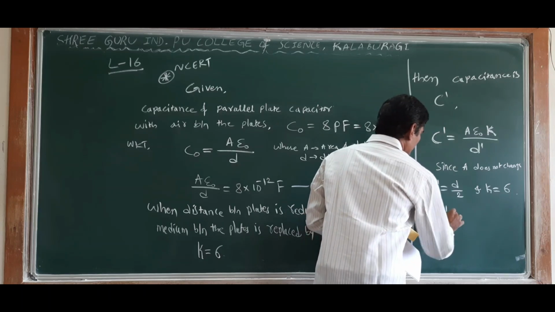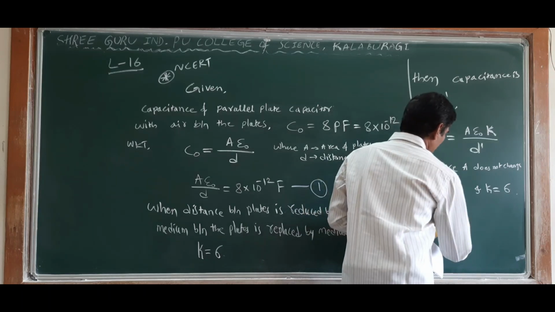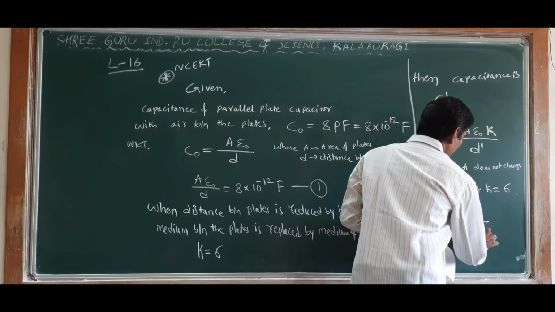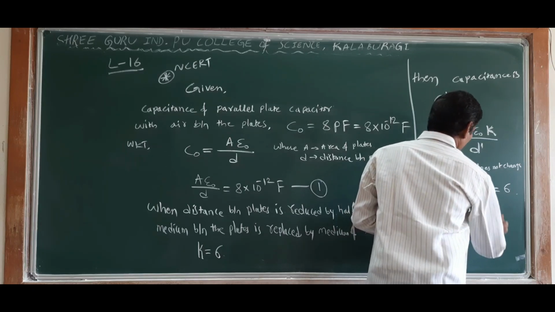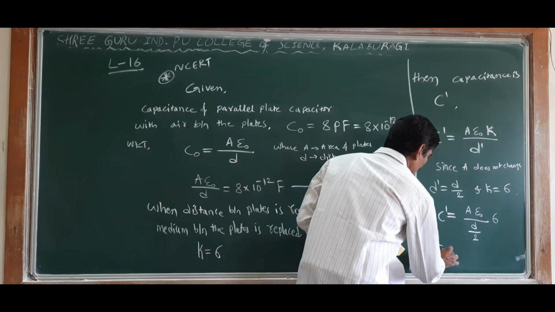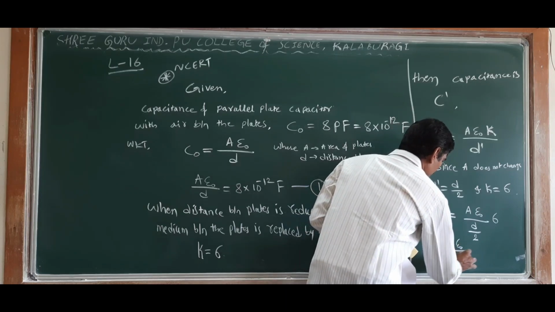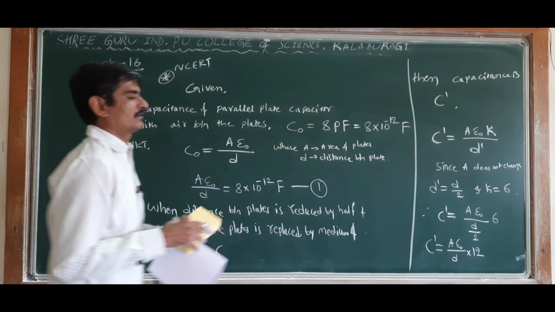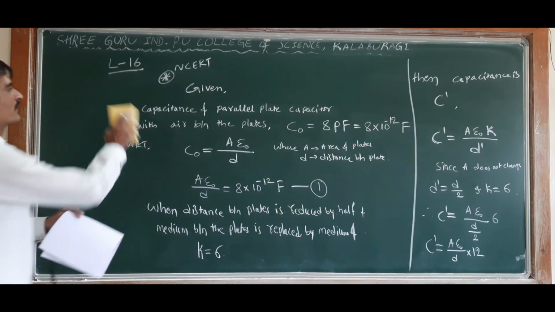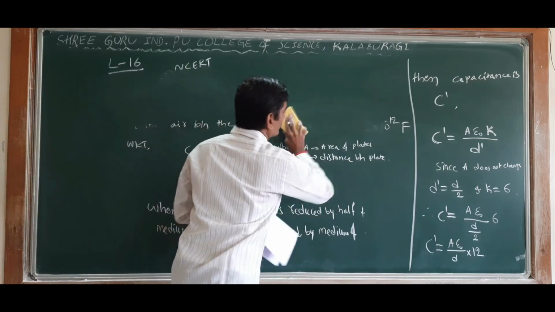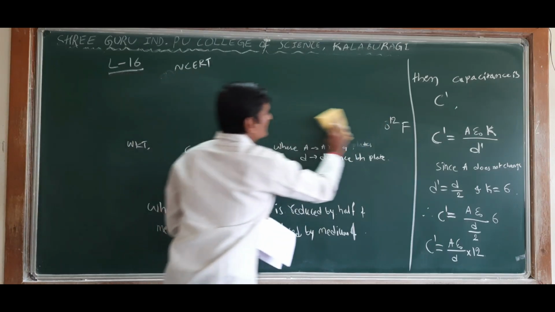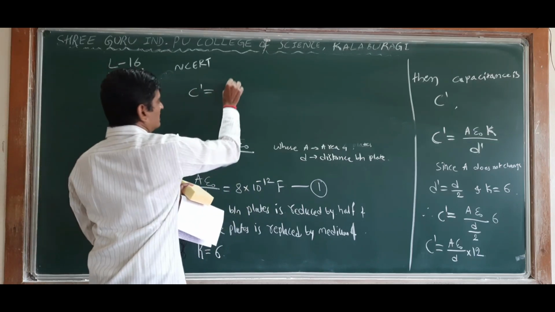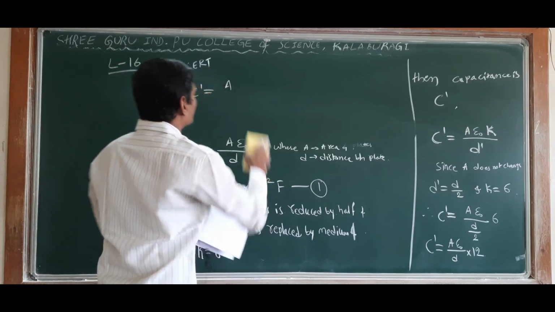So therefore C dash is equal to A epsilon naught divided by D divided by 2, into 6. So C dash is equal to A epsilon naught divided by D, into 12, as 6 into 2, 2 goes to the numerator.